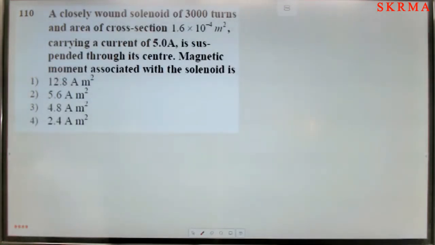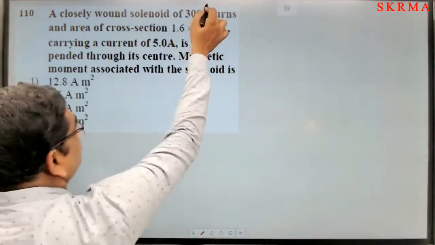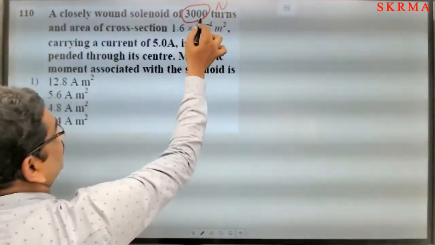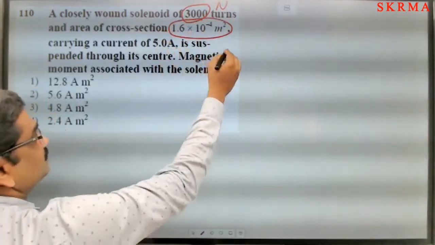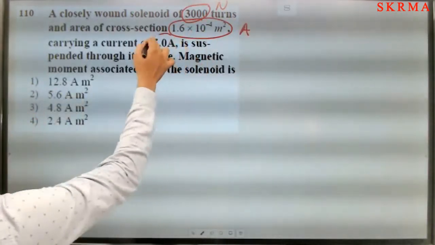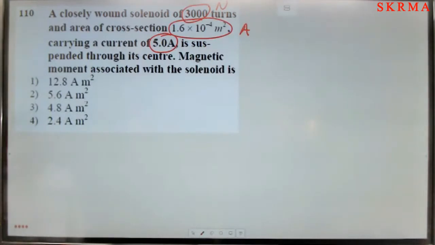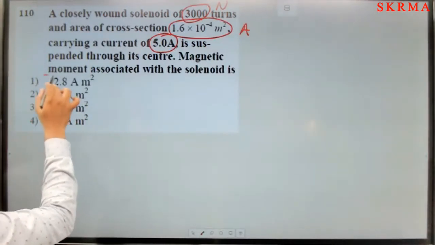Next one. A closely wound solenoid has 3000 turns. So 3000 is the number of turns, the cross-sectional area is 1.6 into 10 power minus 4, and the current here is 5 amperes. Now what is the magnitude of the magnetic moment?